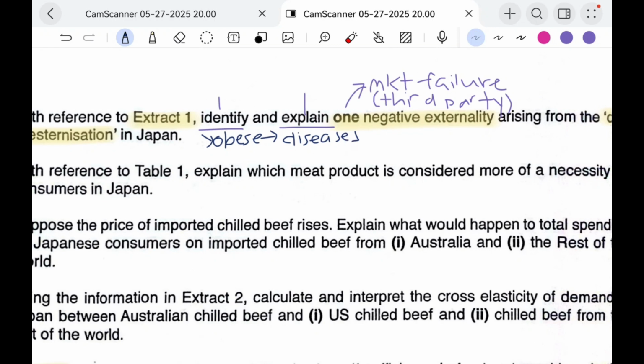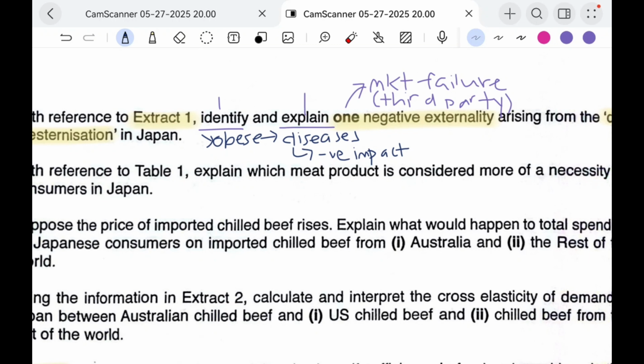So you can talk about how the individual being sick actually has a negative impact on the workplace. Okay, so this is how you identify, because the illness is by the individual but it has an impact on the workplace.